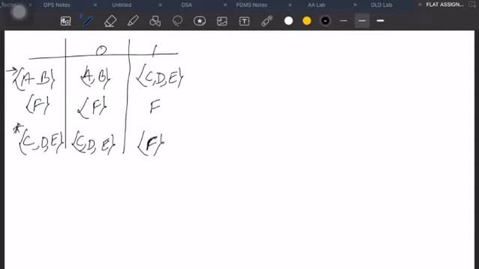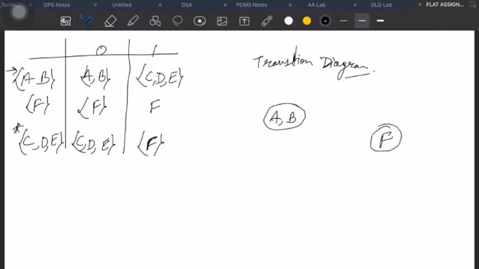Okay, now what we have to do is make the transition diagram, the state diagram. For that, AB is one state, F is another state, and CDE is our final state.